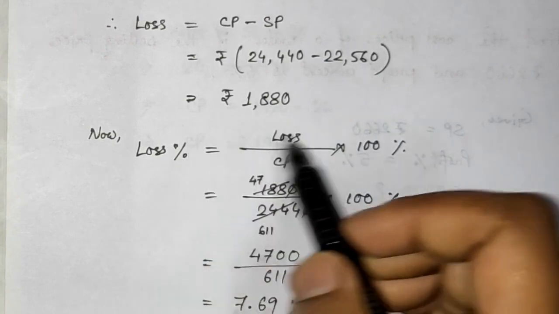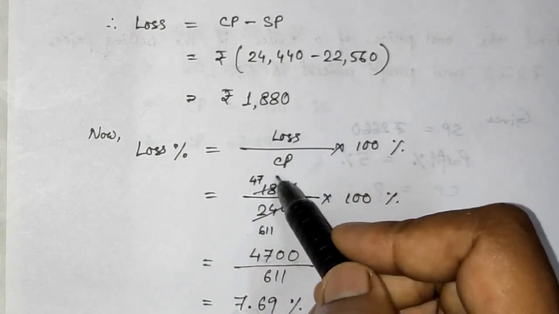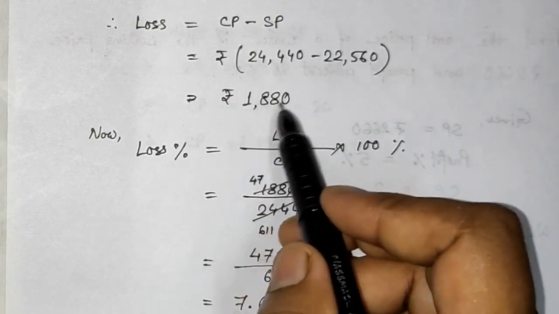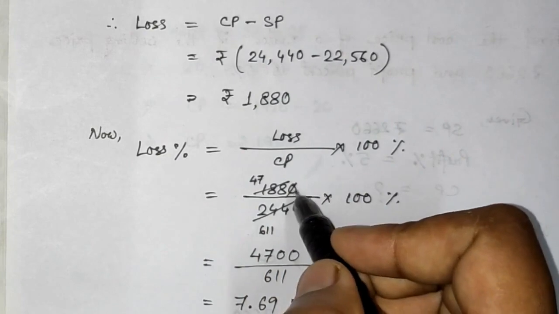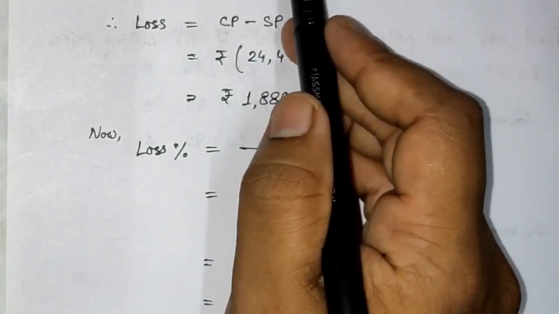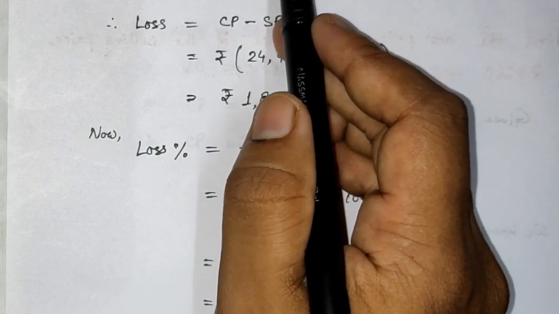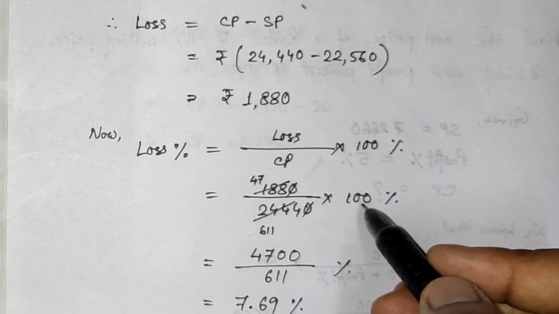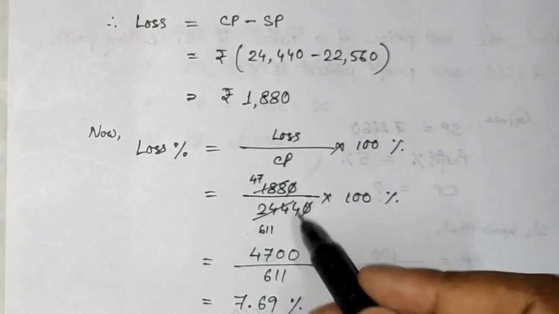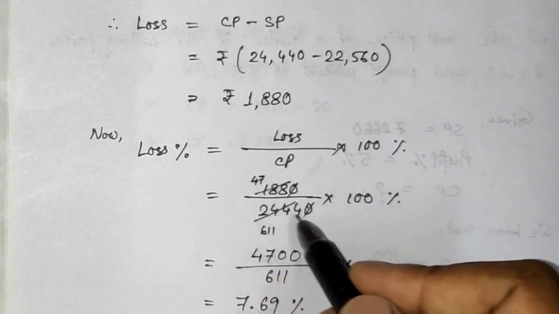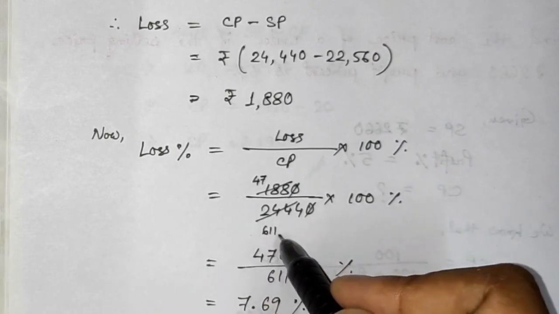Now we have to find the loss percentage. Loss percentage equal to loss by CP into 100%. The loss we got is 1,880 rupees, by CP. We have to take total CP, 24,440 rupees, into 100%. Cancel out 0 and 0, and cancel out with 4, we will get 47, and cancel out with 4, we will get 611.